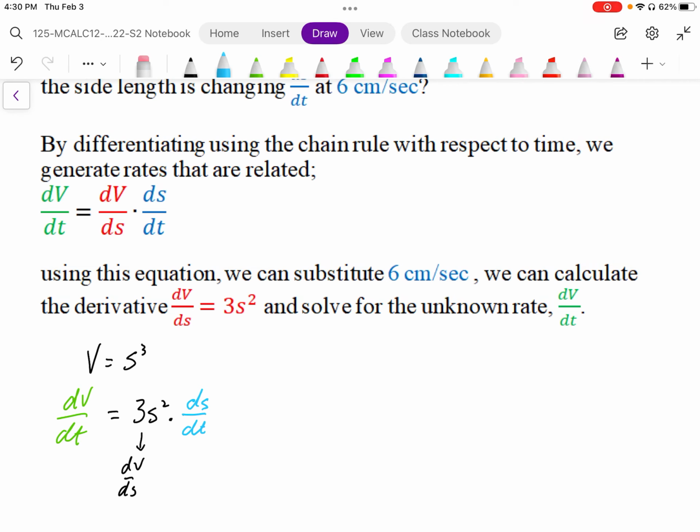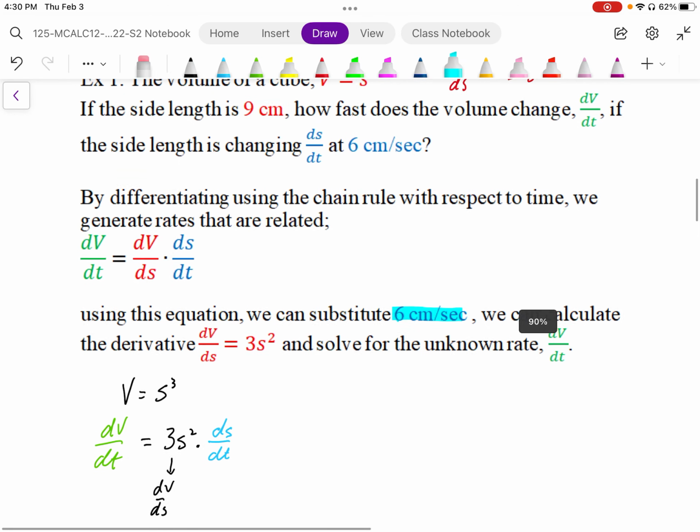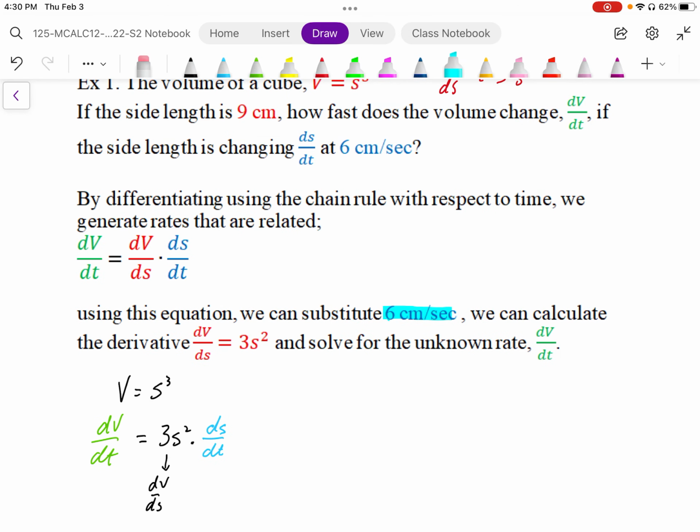And algebraically, the ds's cancel out, and we have dV over dt on the left side, over dt on the right side. But now we have an expression that has dV by dt. And furthermore, we have already established that ds by dt is 6 centimeters per second.